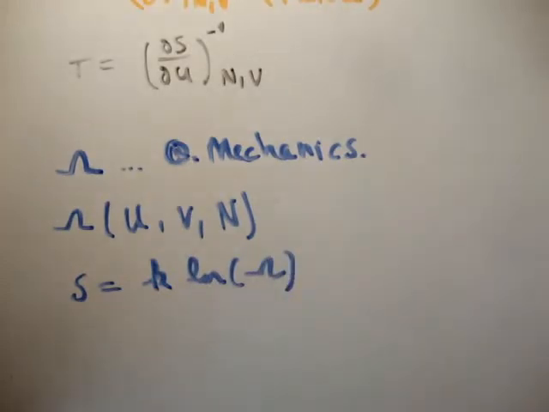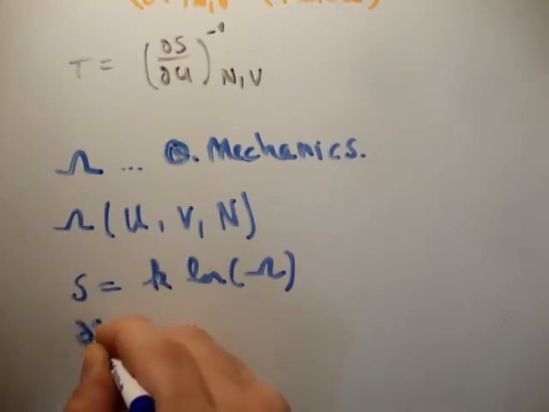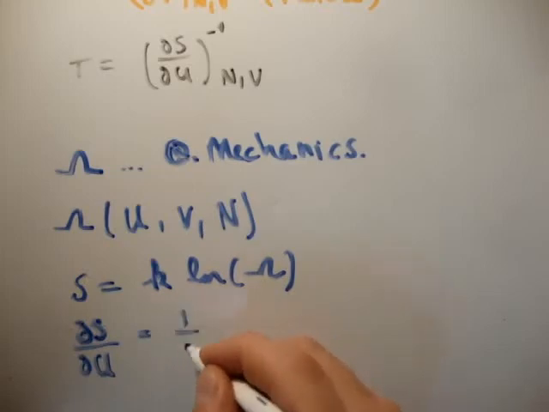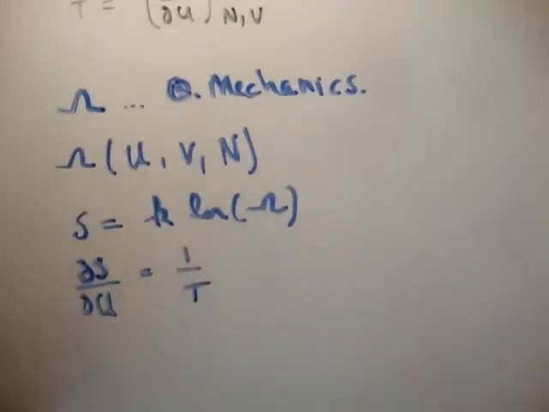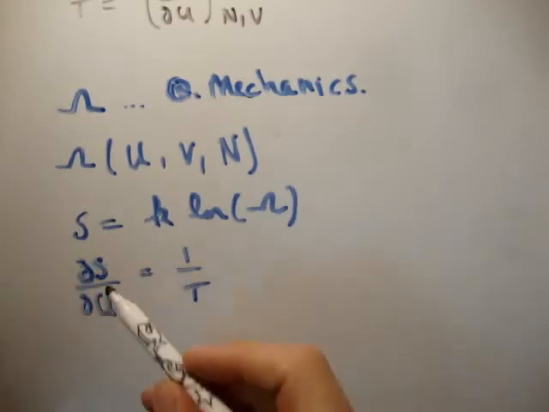That's not new. Well then, in the previous videos, we saw we could use S in order to get T, because if we got del S del U, the entropy versus energy graph, we got that as 1 over T. Now, what we can do then is rearrange this particular formula. Now we have the formula relating energy, temperature, and entropy.